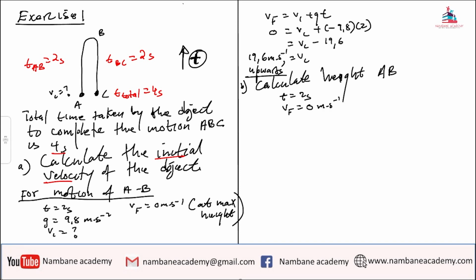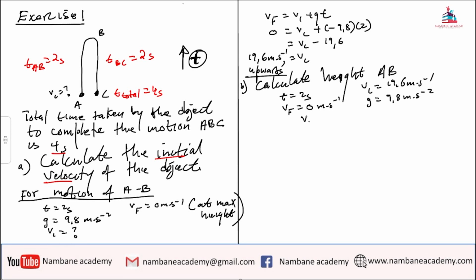Can I trust my answer at 19.6? If I have done everything right, yes, I can trust it. Then I can easily say V initial is 19.6 meters per second. Then do we have G? Yes, G is given, it's 9.8 meters per second squared.